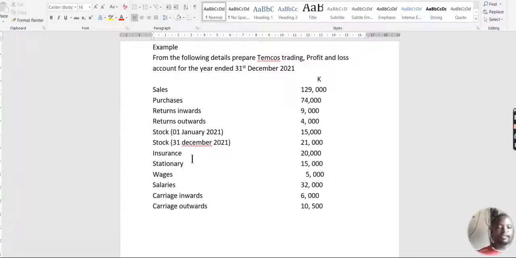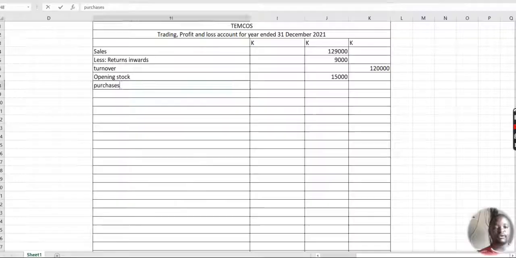Do we have direct costs? Yes, we have wages here. What else? We have carriage inward here. So automatically those things qualify purchases to be posted in the first column. So how much are our purchases? 74,000. We go there and post 74,000 here.